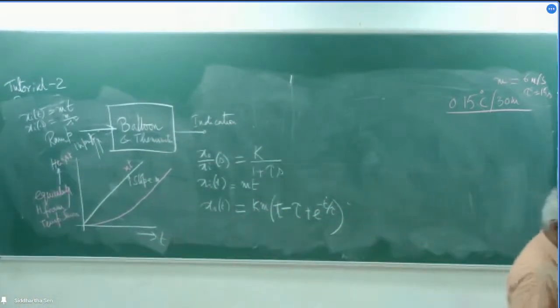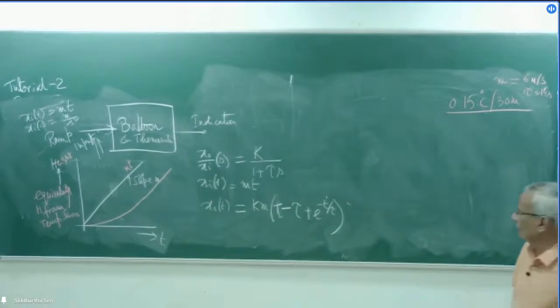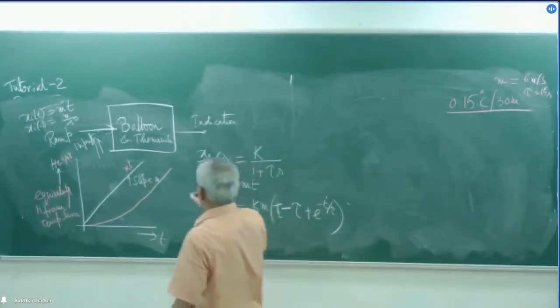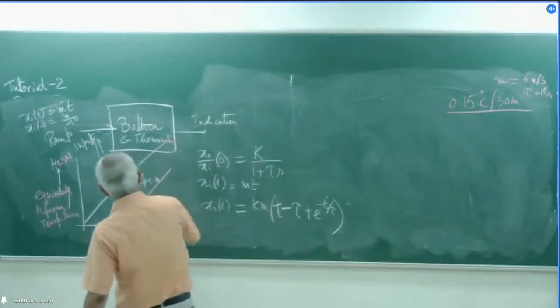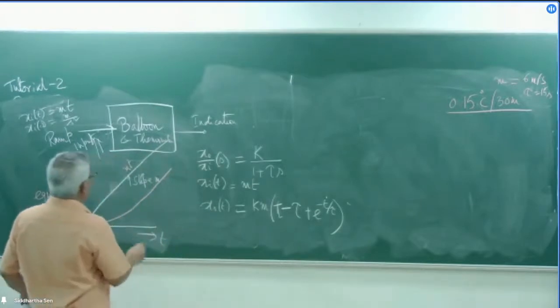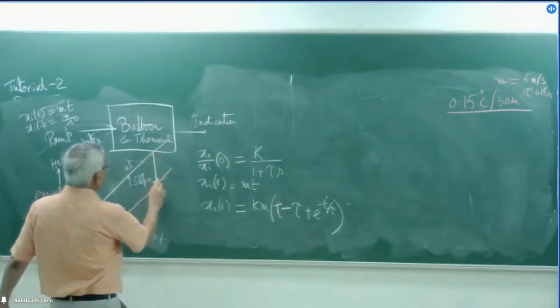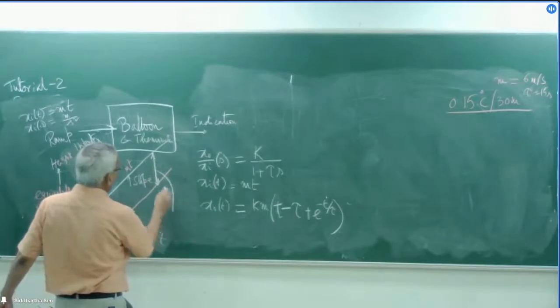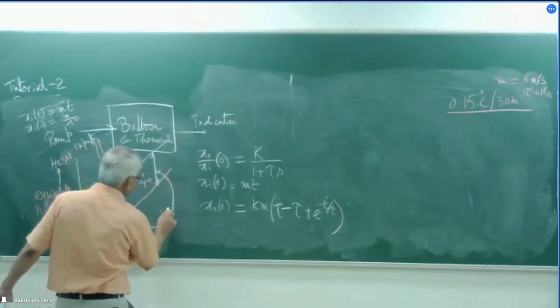Because there is some instantaneous response, but after that it will go like this. And there would always be what we call a steady state error.